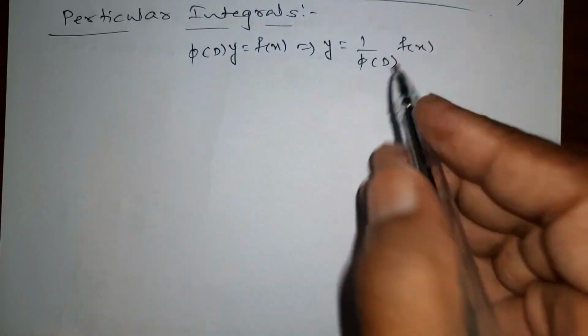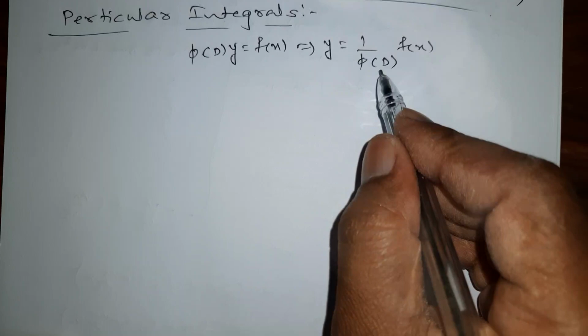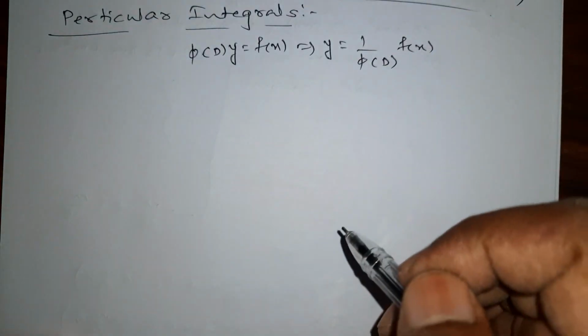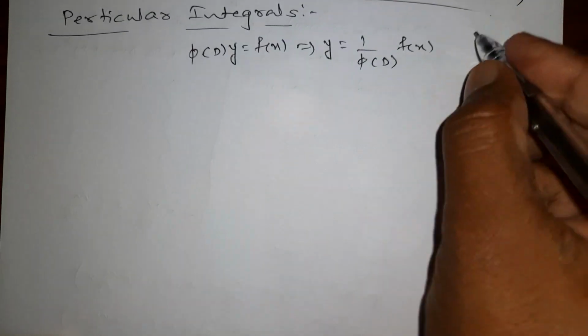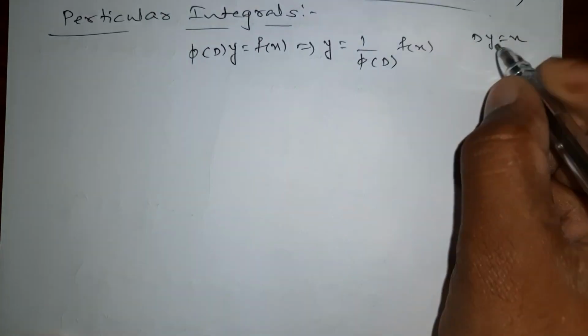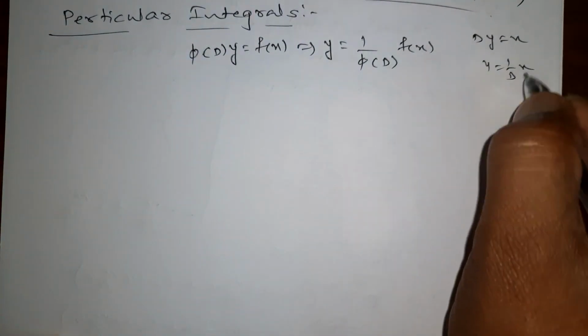Clearly phi of D at the denominator is an operator, but first it was a derivative, now it becomes 1 upon derivative, which means integration. Just like D of y is equal to x, so it is a derivative here, but y is equal to 1 upon D of x means integration of x.